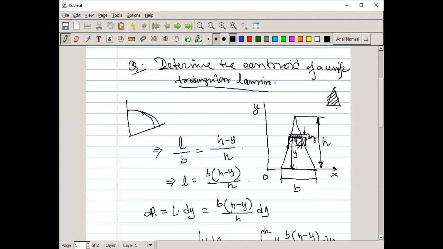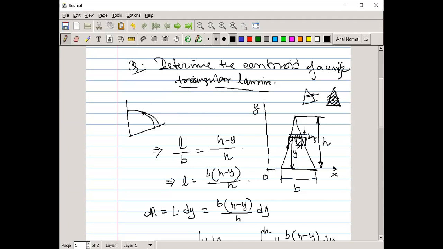As per the question we have to find out the position of the centroid. To find out the position of any centroid, the procedure is first, this is a triangle, so take a small portion in the triangle.